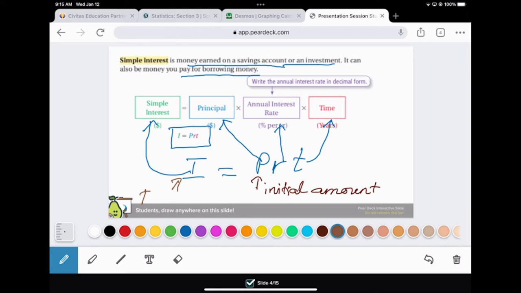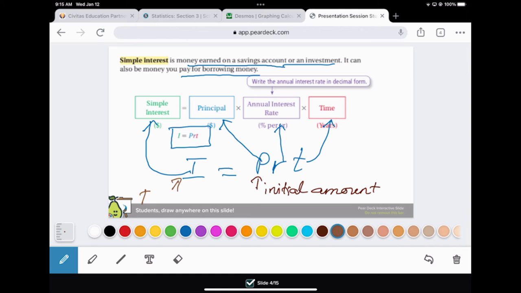So if you are taking out a loan for $20,000 as a student, after you graduate from college, you're going to pay that amount plus some interest, and that interest is calculated by I. Why do they use I? Because I stands for interest.